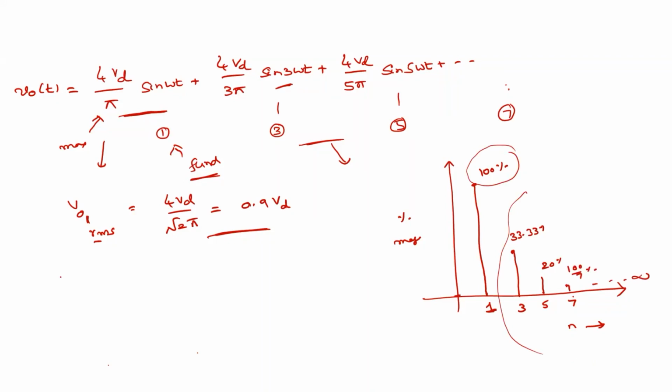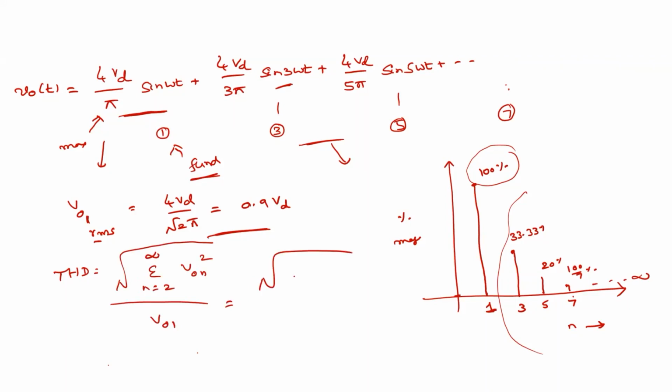Now we can calculate the total harmonic distortion, THD. How do we define THD? We have this formula: the square root of the sum from n equal to 2 to infinity of V0n square, divided by V01. In other words, it is V02 square plus V03 square plus V04 square and so on up to infinity, divided by V01.